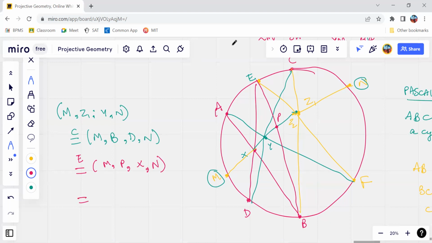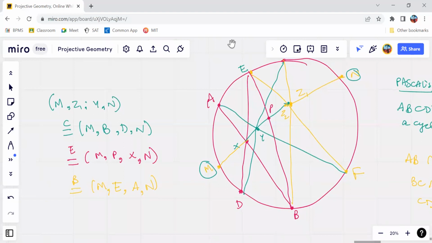Now we want to involve something using P and X. So now we'll project through B. Just a lot of projections. P gets sent to E. X gets sent to A. Was this intended at all?